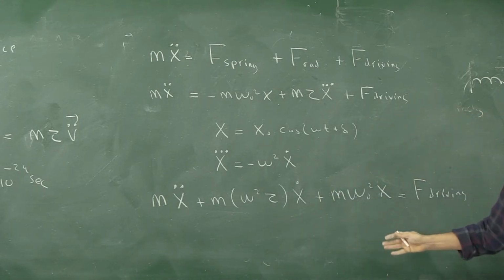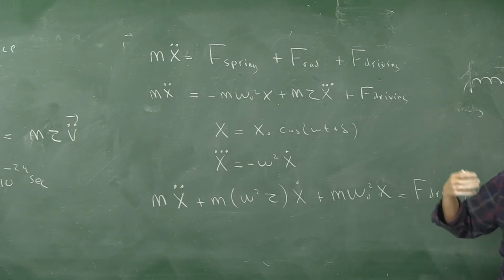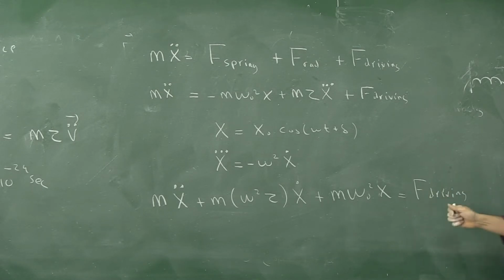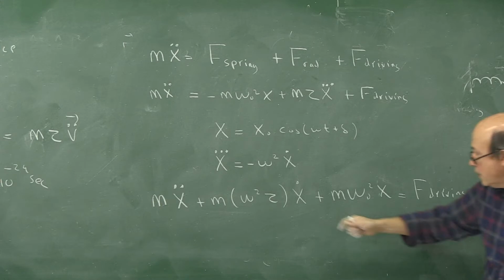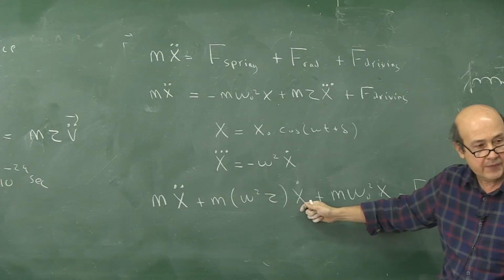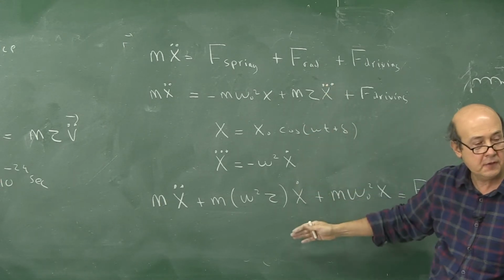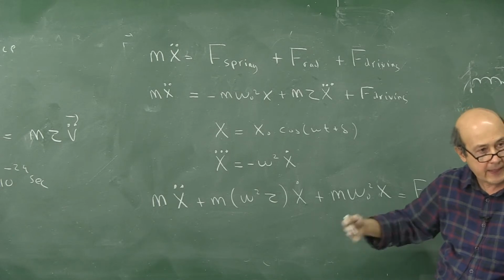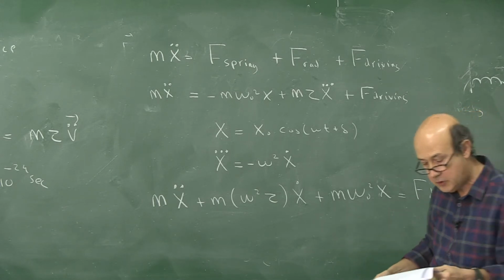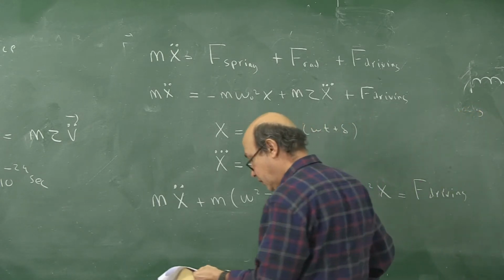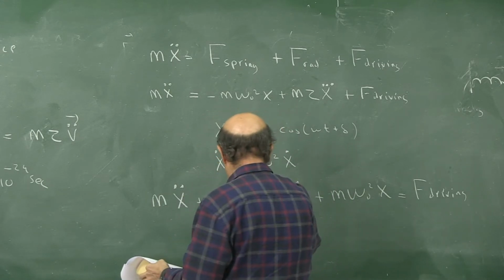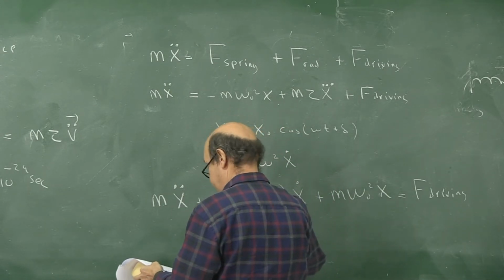So what is this? A damped harmonic oscillator with a driving force. This is like a velocity term, so the radiative reaction force is damping the oscillation. Let us call this stuff gamma.